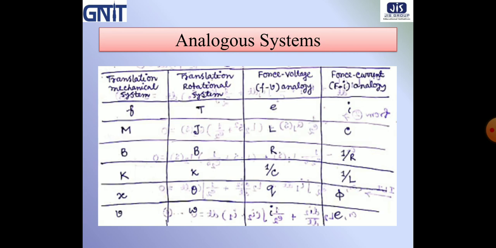In the translatory system it is M, in the rotational system it is J, in the FV analogy it is L, and in the FI analogy it is C. This way we can compare all the parameters and form a table for better understanding.